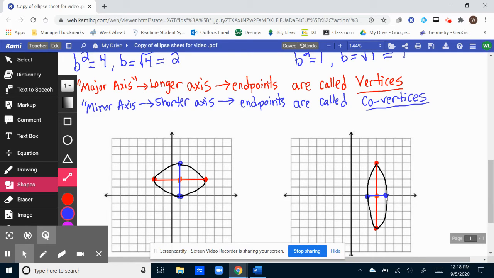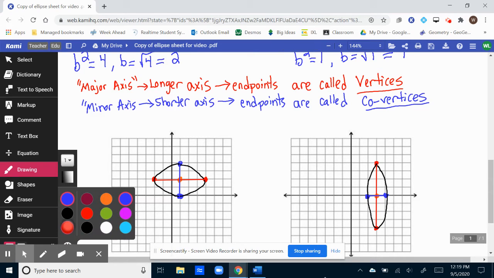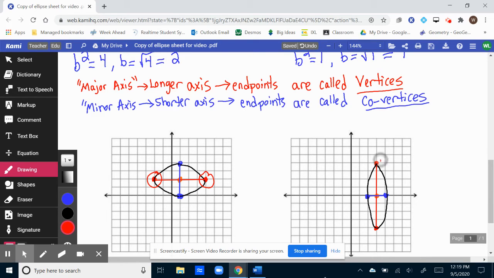The endpoints of the major axis are called vertices. So here are my 2 vertices on the left. On the right, here are my 2 vertices. And then the endpoints of your minor axis are called co-vertices. So in blue, here are my co-vertices.